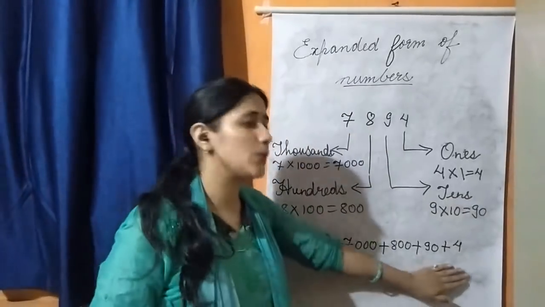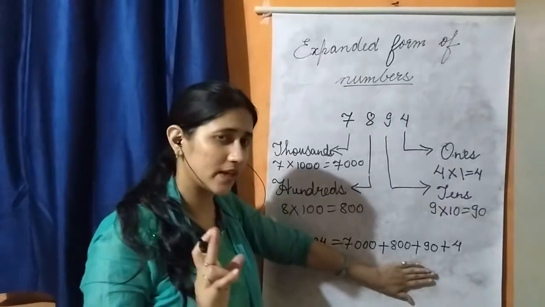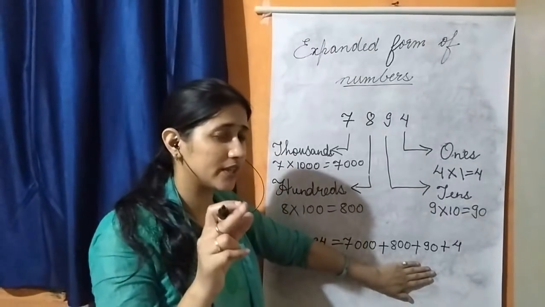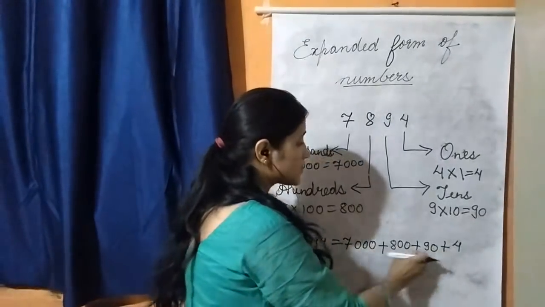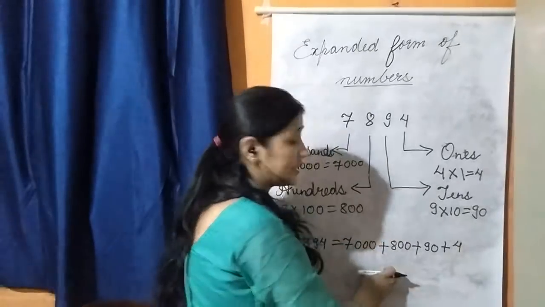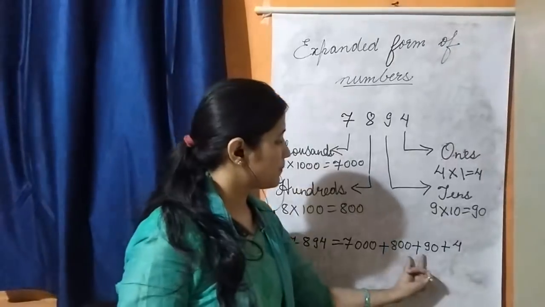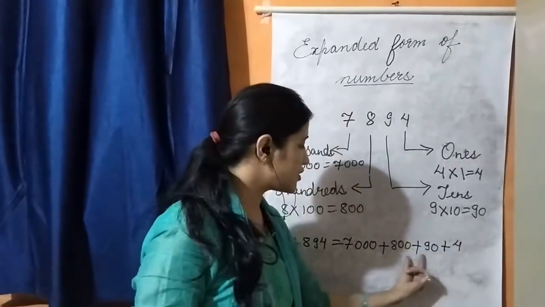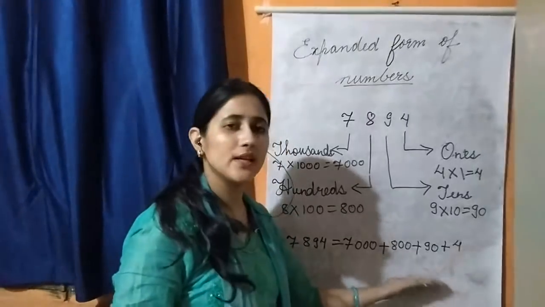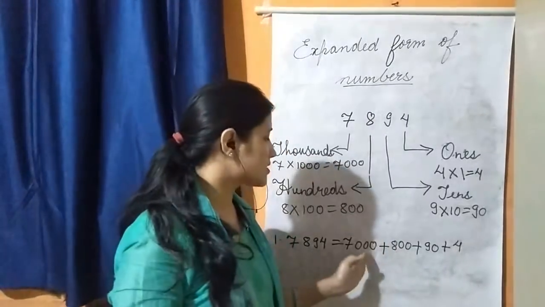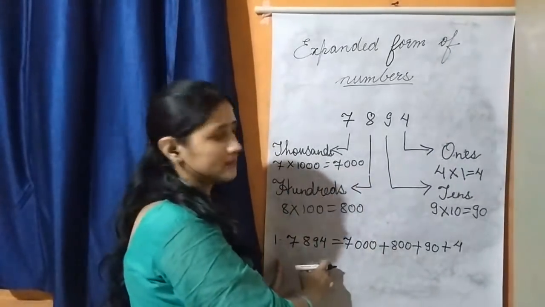So this is how we write a number in expanded form. Okay, now again focus on the definition. What was the definition? Sum of the place values of the digits. Okay, by putting this sign of addition in between these numbers, we are showing that we are doing a sum here. Okay, and sum of the place values of the digits in this number.